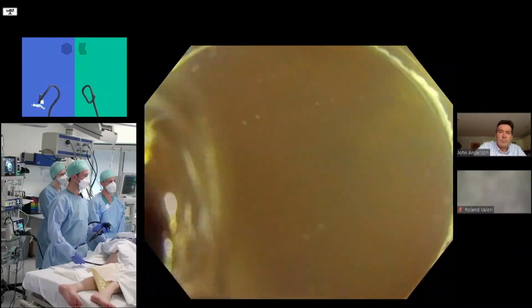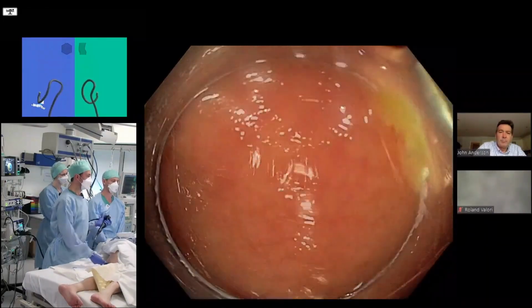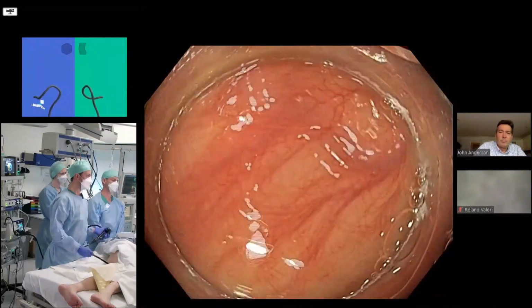The polyps were of enough concern to the endoscopist that he referred the patient to this center.